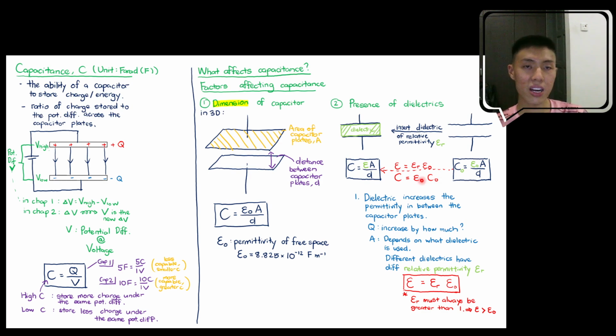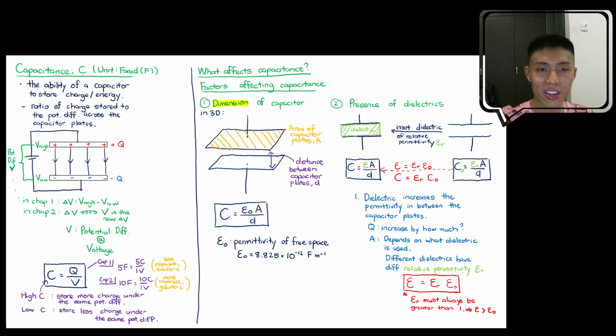If epsilon r is 2, the capacitance is twice the capacitance from earlier. These two are controlled by the same factor, which is relative permittivity. So the presence of dielectric causes the capacitance to change from an old capacitance to a new capacitance, and the factor by which it is increased is controlled by the relative permittivity.